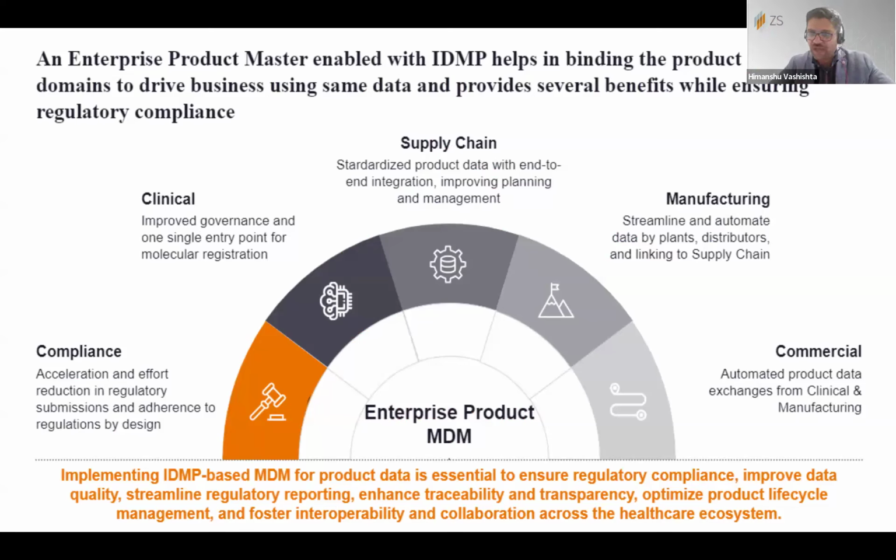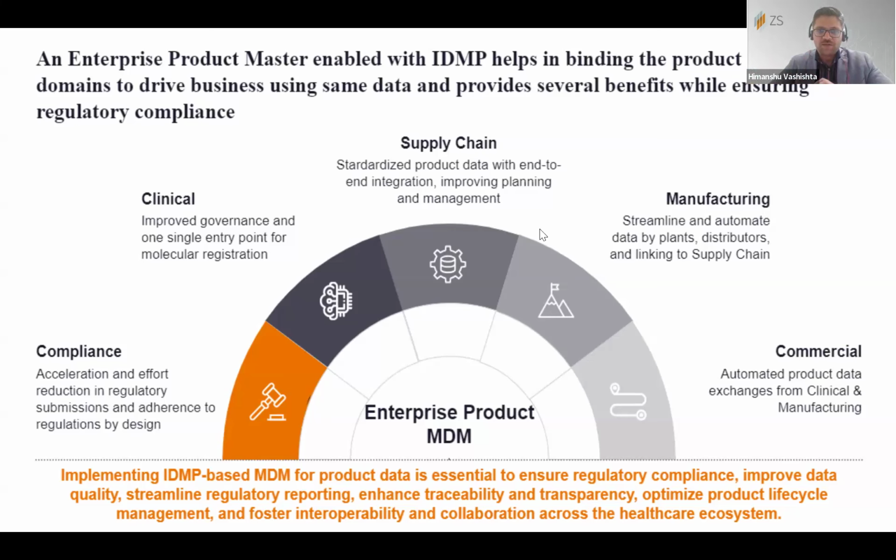In supply chain, I can see end-to-end integration, improving planning and management. In manufacturing, streamlining the operation and managing the suppliers. So it helps different domains if we have this capability rightly enabled. It also provides complete transparency because everything related to product data is managed under one solution.